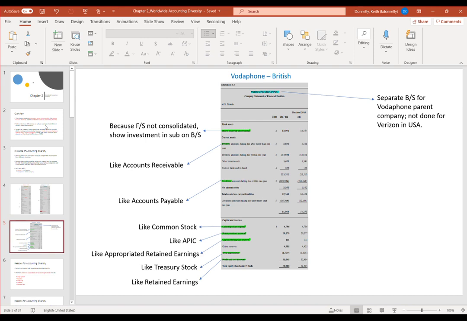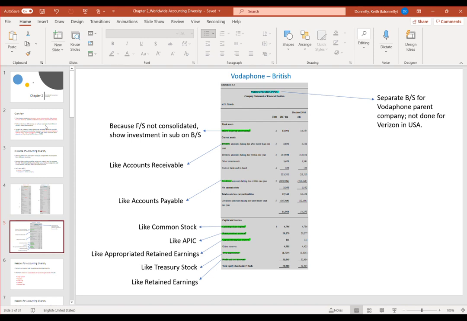Zooming in on the British financial statements, we can see that this is the functional equivalent of a balance sheet, but some of these accounts we may not have ever seen before. Like, what does this mean? Shares in group undertakings. Well, if we were to investigate that, that would be the equivalent of an investment in a subsidiary on the US financial statements.